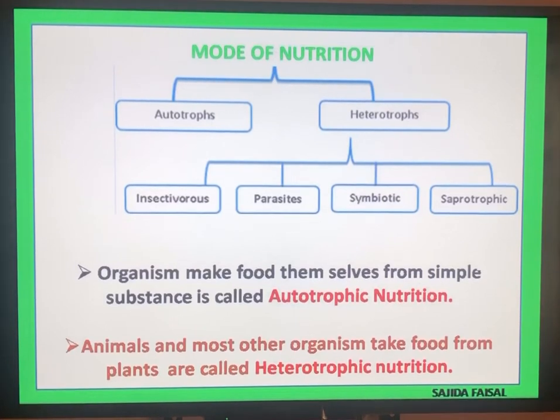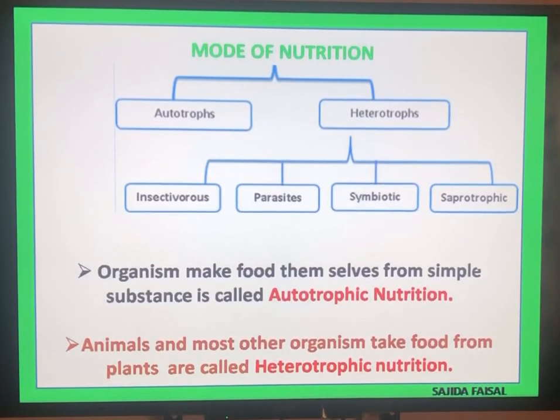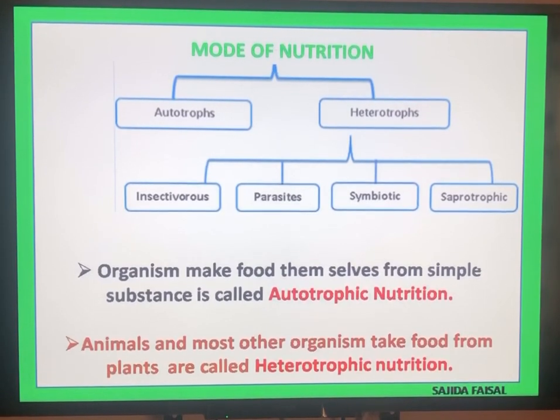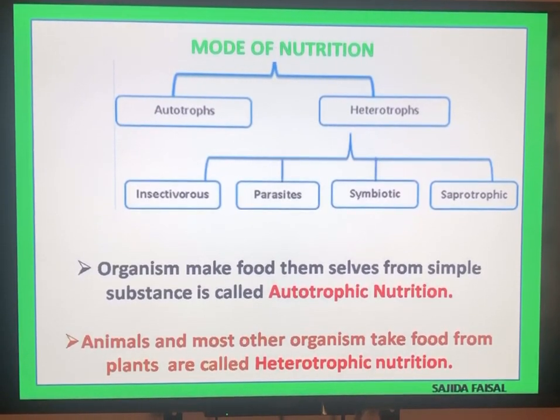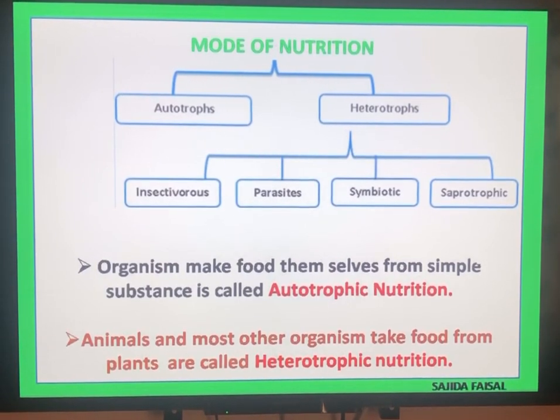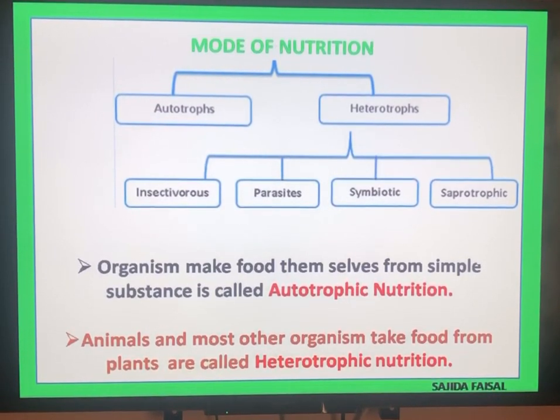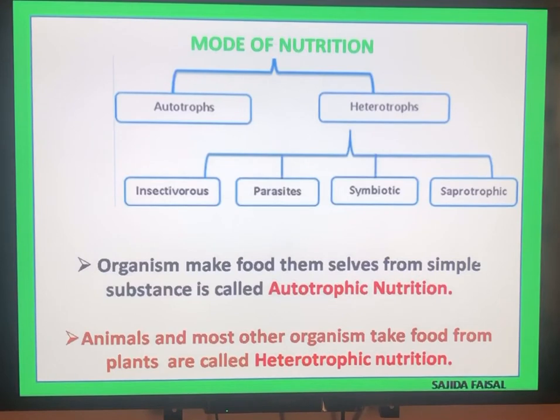Auto means self. For example, green plants. Green plants are making food themselves. They are not depending upon another organism to get the energy.